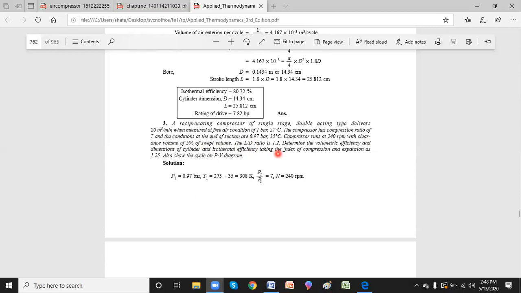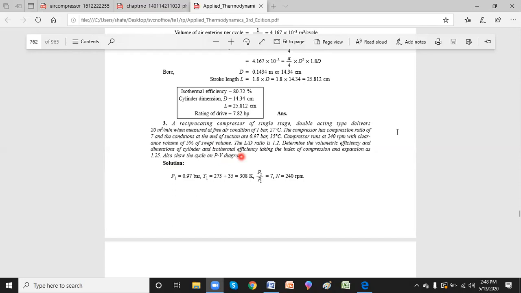They ask to determine the volumetric efficiency, the dimensions of the cylinder and the isothermal efficiency, taking the index of compression and expansion as 1.25, and also to show the cycle on the PV diagram.